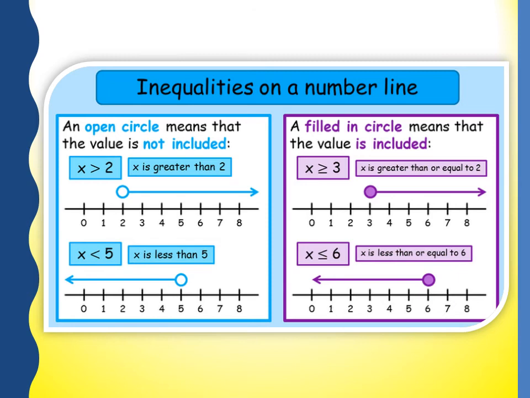A filled in circle means that the value is included, like x greater than or equal 3. Close the circle and all these values in the direction of the positive. X smaller than or equal 6. Close the circle in 6 and all the values in the direction of negative.